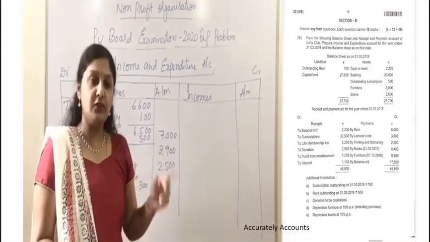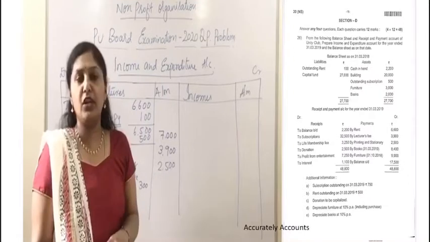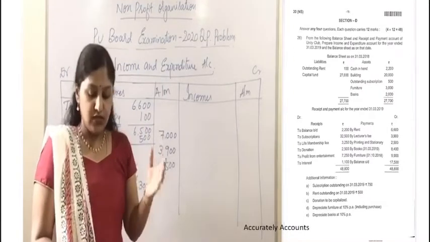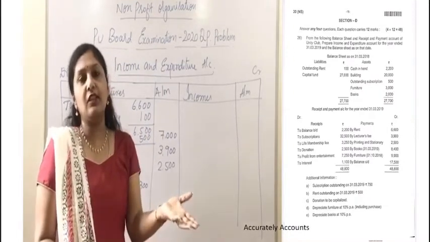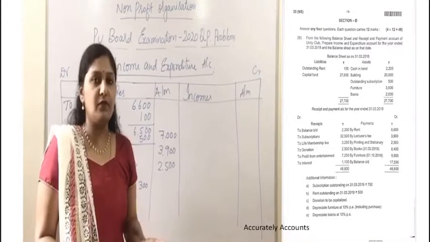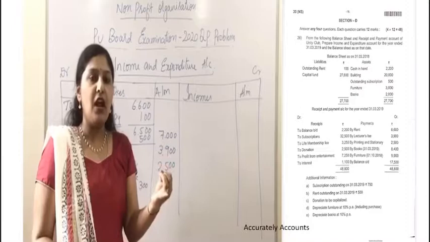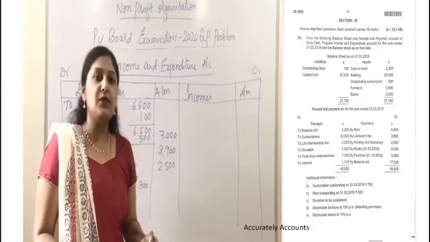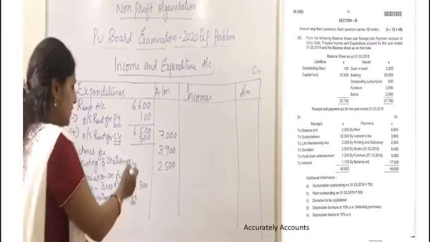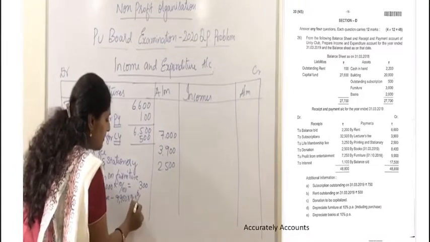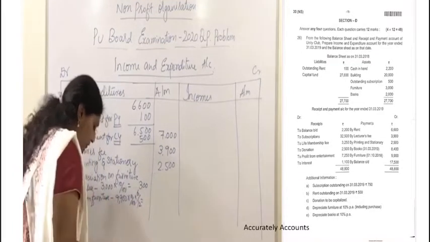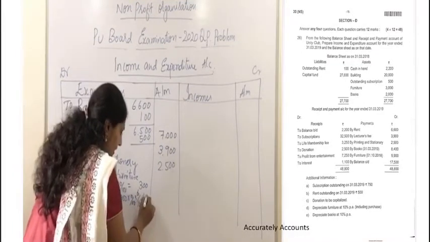So from 1st of October till 31st of March we need to take the time factor. Since it is 1st of October, we need to consider even the October month for calculation of depreciation: October, November, December, January, February, March. So for 6 months we need to charge the depreciation. The time factor is going to be 6/12, and the value of depreciation is going to be 495.